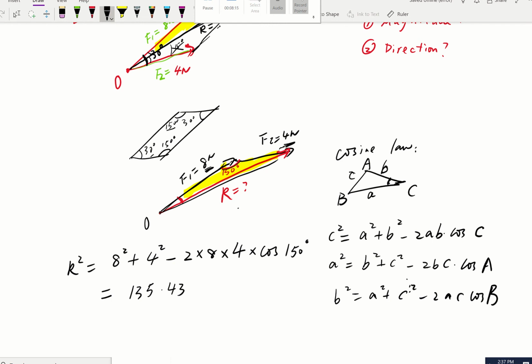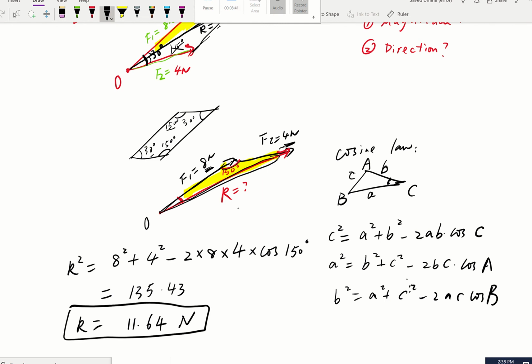Then it's R squared, so we're going to do a square root of that. Then I have an answer of 11.64, rounding to the hundredths decimal. And that's going to have a unit of Newton, because that's telling me how long this length is, basically the magnitude of this force. So I bracket that up, because that's your answer.